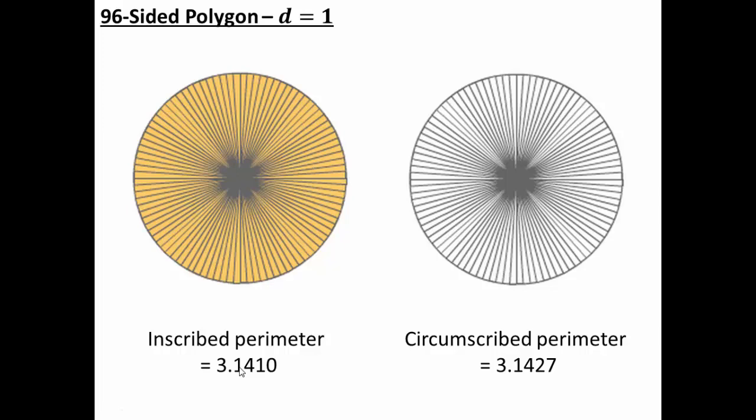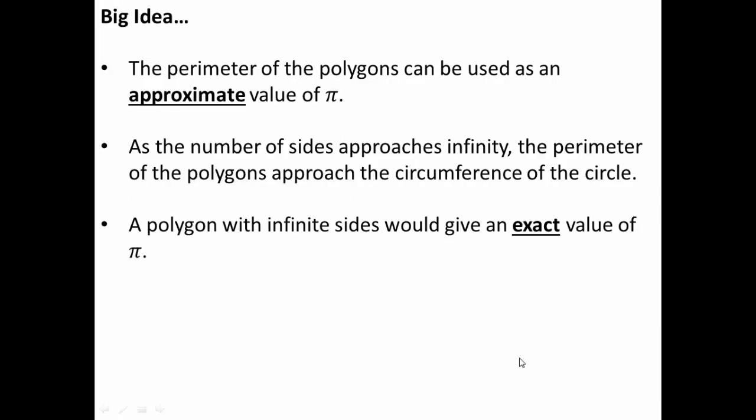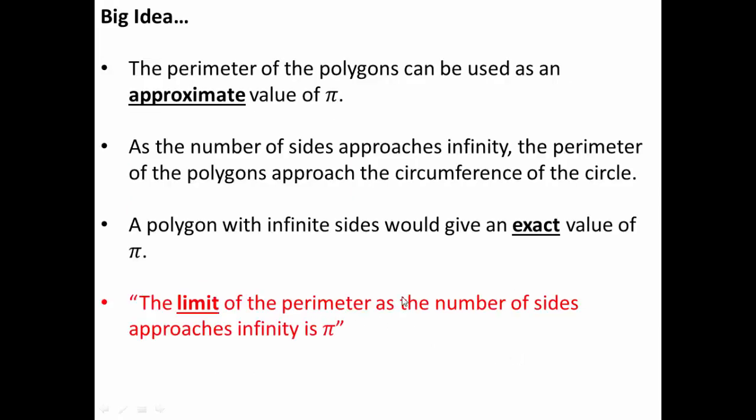It's never going to pass the exact value. It's just going to be limited by the exact value of pi, whether I approach from the inscribed perimeter or from the circumscribed perimeter. The limit of the perimeter as the number of sides approaches infinity is exactly pi. A limit is a value that we are approaching as the number of sides approaches infinity.